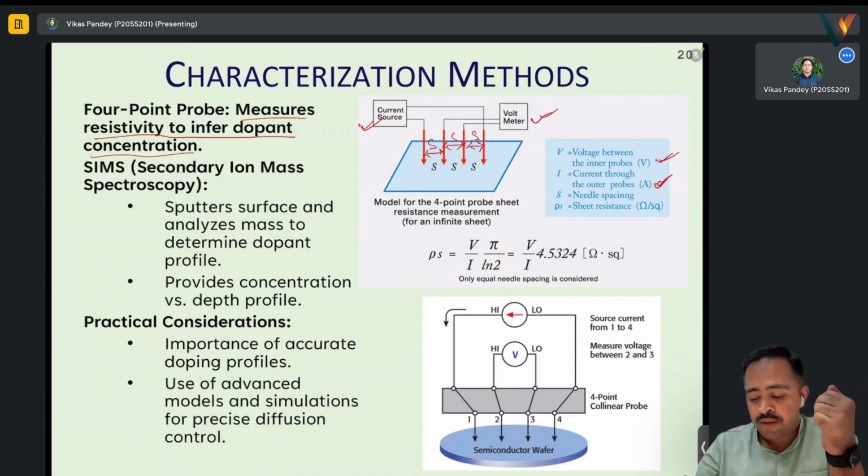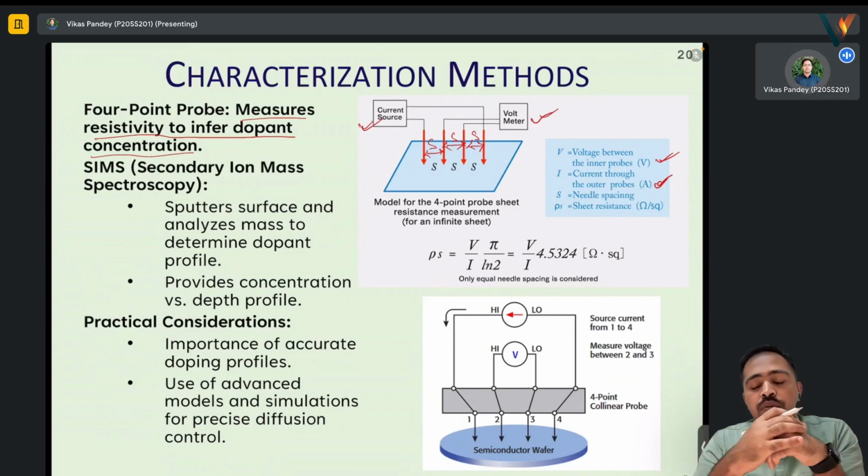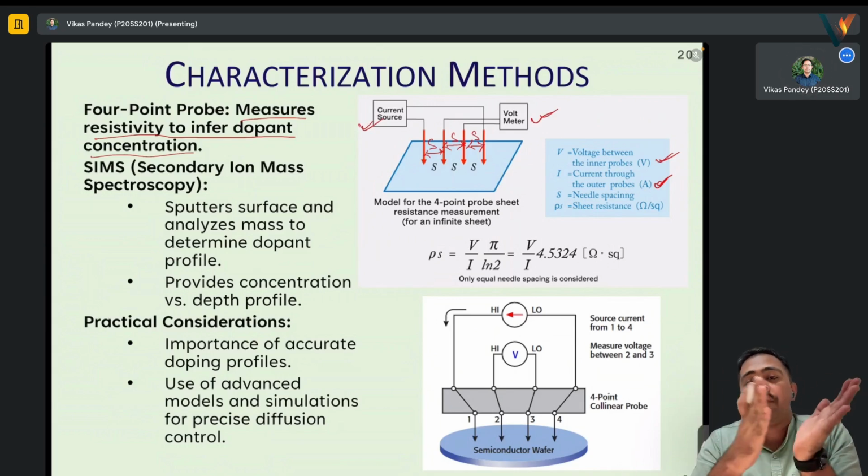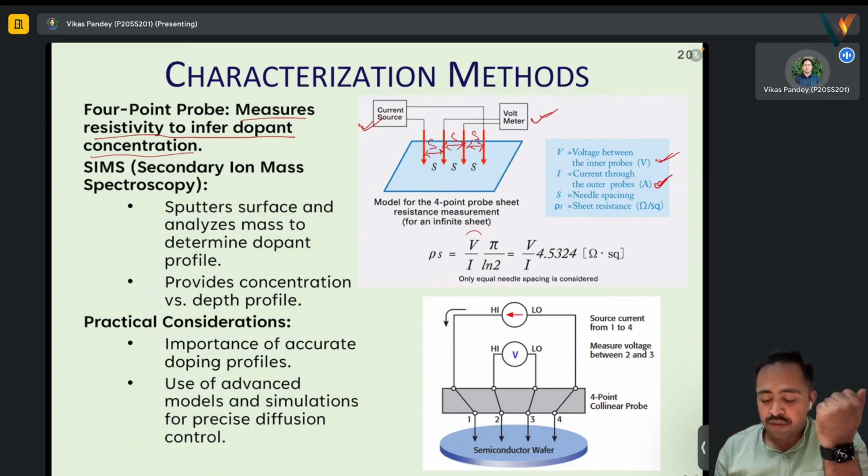All these needles or probes are spaced at distance S. Then the sheet resistance, in ohm per square centimeter or meter, whatever the unit of S is, is given by V upon I times pi over log 2.